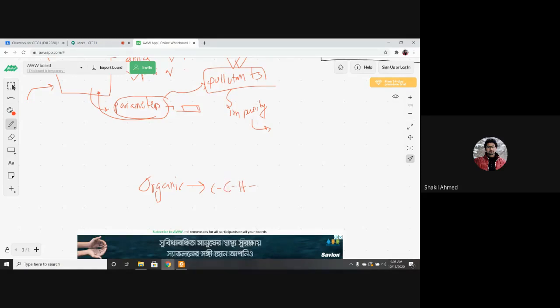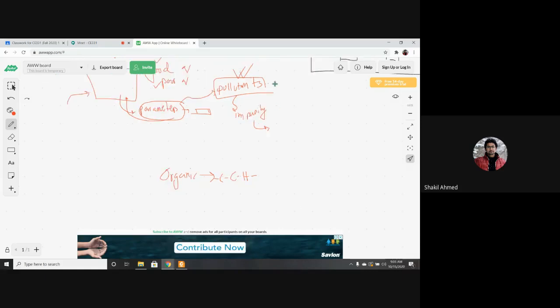The plants are organic. Now, what is inorganic, which does not have this? For example, sodium, iron. Impurities can be pollutants, which can be organic or inorganic. There are others. I'll come back to that.